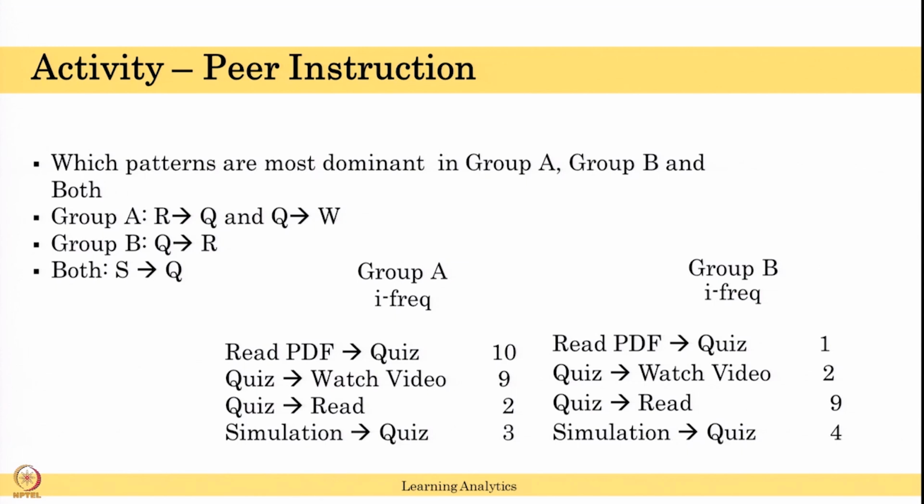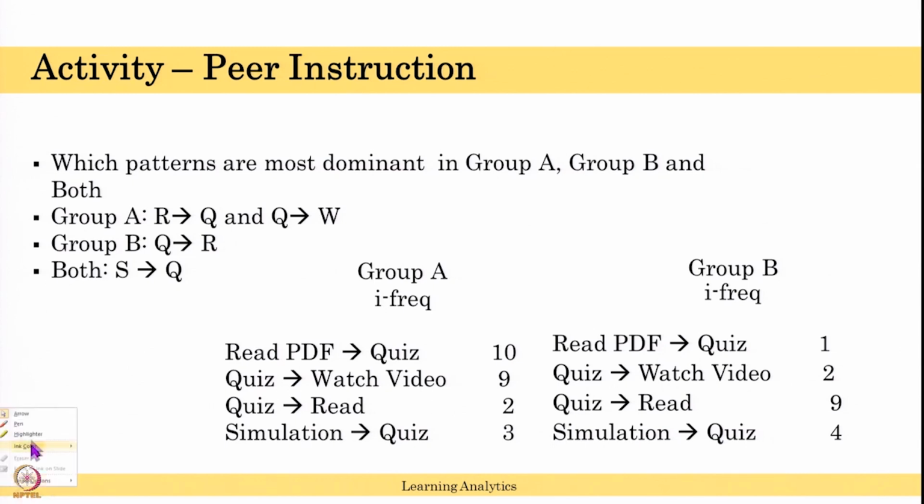But if I have to use a statistical significance test on these patterns, I want to see whether there is any statistically significant difference between these patterns occurring more in group A compared to group B. If you want to do that, remember the high frequency we computed; use this value to compare the statistical significance.